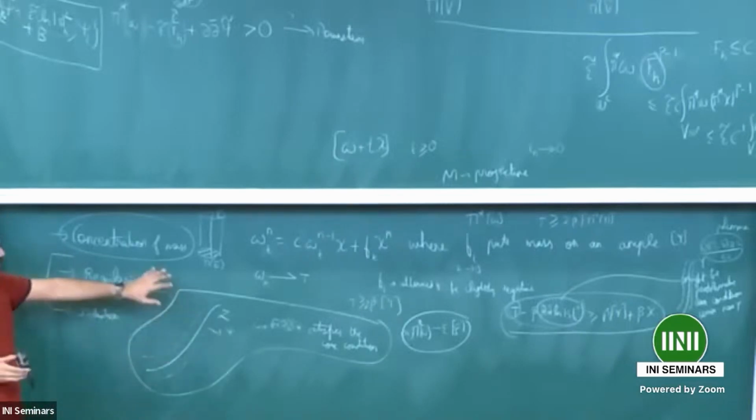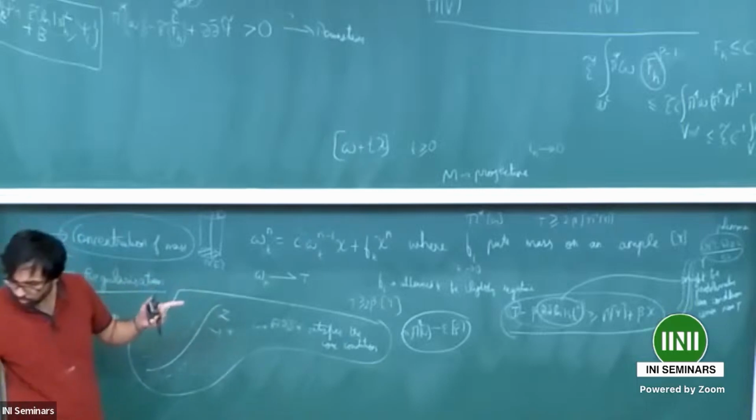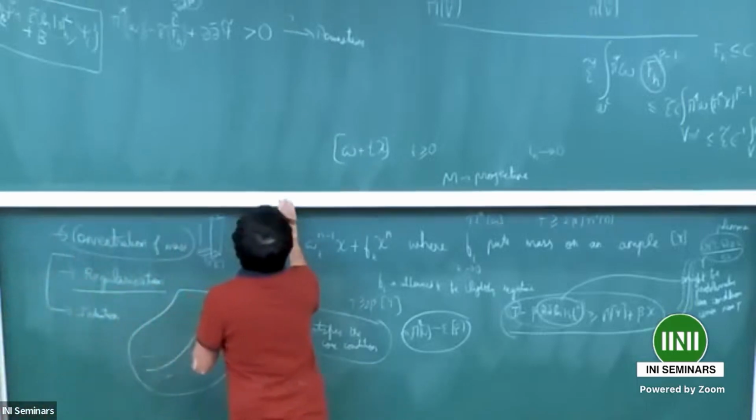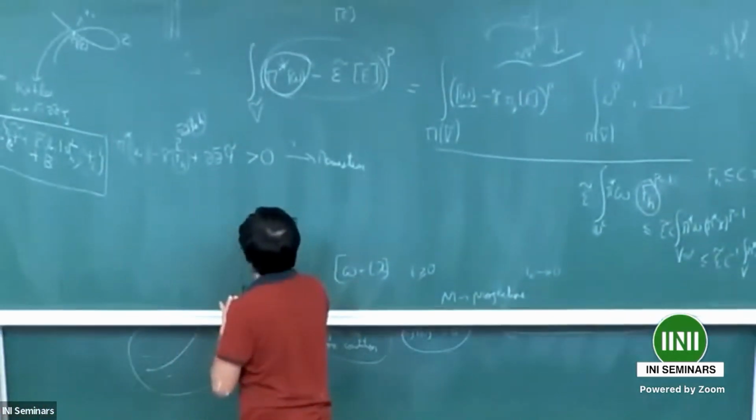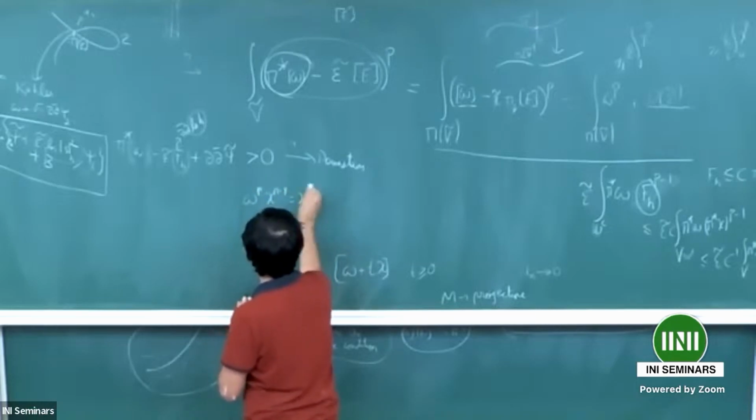So let me mention one problem that's still open. That problem is the following. If instead of this equation, suppose I give you what's called a Hessian equation, that is omega raised to p chi raised to n minus p is chi raised to n, for instance.